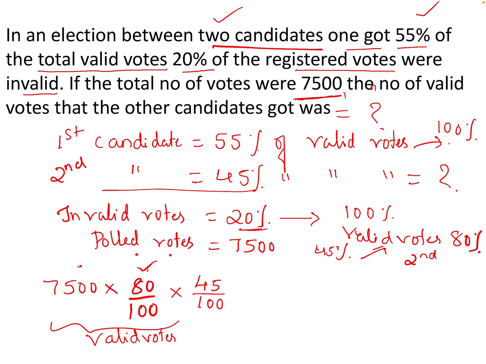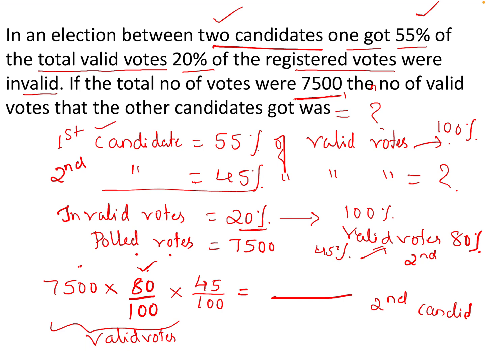When we cancel the things, we will get the number of valid votes the second candidate got. If they had asked how much the first candidate got, then instead of 45 we should write 55, and that would give us the votes the first candidate got.